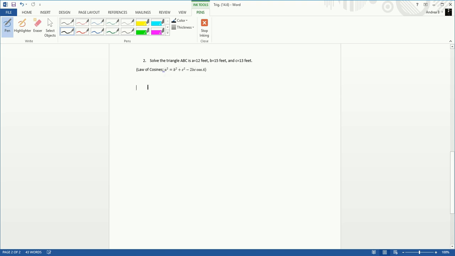So in this case, we plug it in just as I have in the formula here. We would have 12 squared, a squared, equals b squared, which is 15 squared, plus c squared, which is 13 squared, minus 2 times 15 times 13, and then times cosine of angle A, hence why it is a capital A there instead of lowercase.